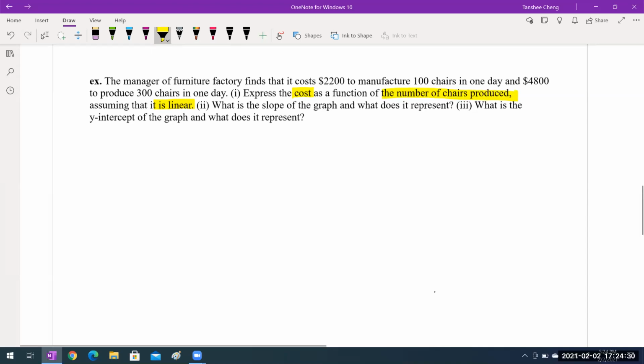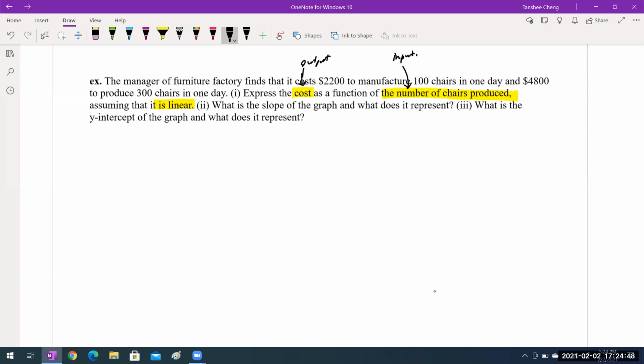So that basically tells us the cost is my output, and the number of chairs produced is the input. So that makes it clear for us to write a proper set of ordered pairs.